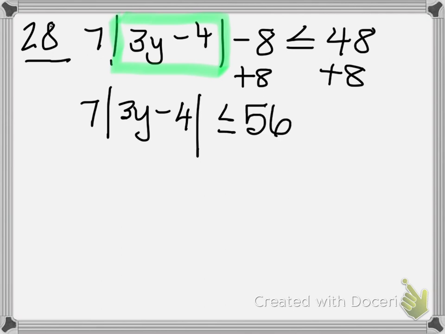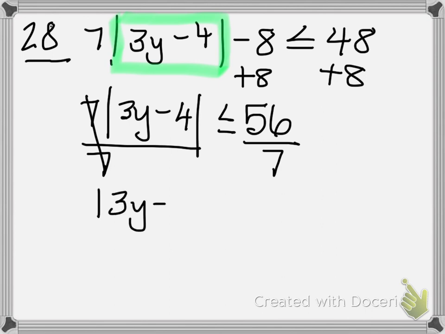Which is convenient because now I have to divide by 7 to get rid of that. Divide by 7. And now I have absolute value of 3y minus 4 less than or equal to 8, which is perfect. All right. So now I have my absolute value by itself, but it's not an equation.